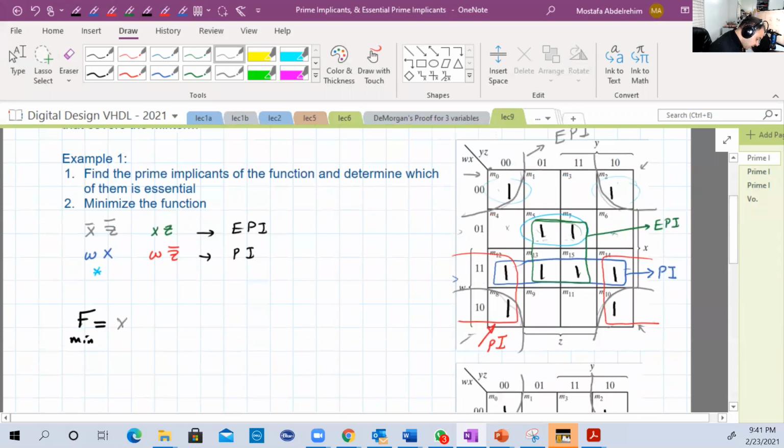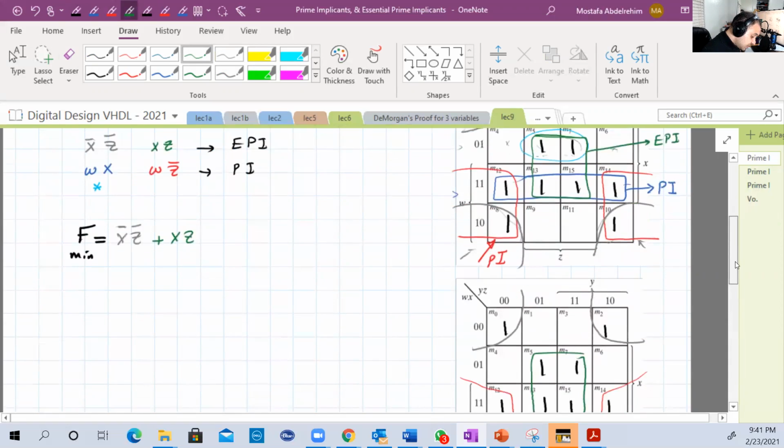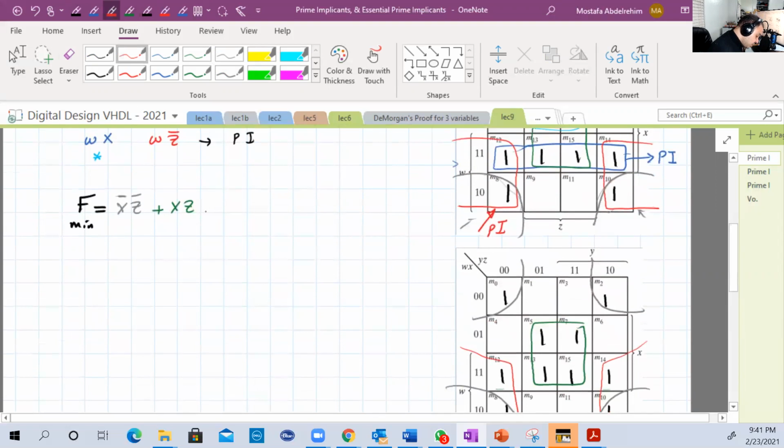The green is x bar z bar, and I will always stick to the colors so you guys can have this sense. The gray is xz, then the red here is w z bar.